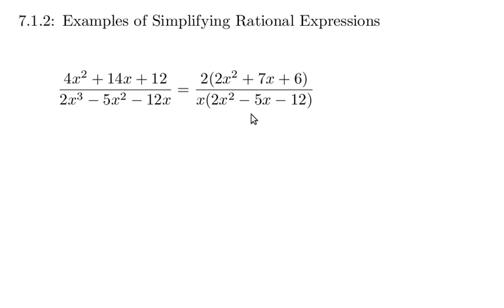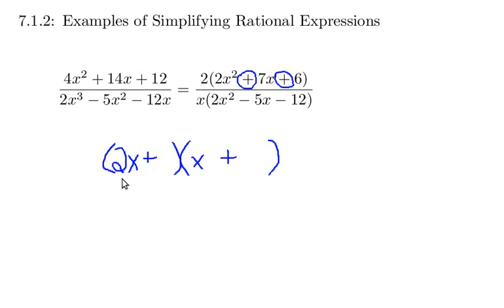So if we have two binomials that multiply to make this, we know that the first term of one of them is going to be 2x, the other one's going to be x. We also know that there's a plus here, so they're both the same. They're either both plus or both minus, and there's a plus here, so they're both going to be plus.